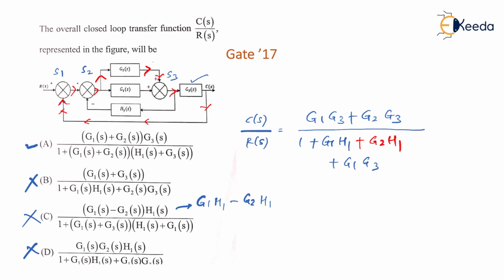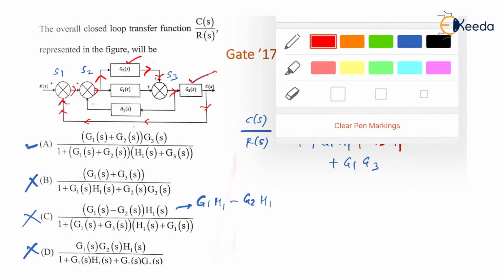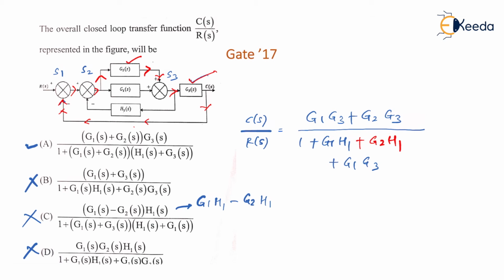So which blocks do you encounter here? You get G2. Then you move to G3. And then from the unity feedback, you get back to S1. So I'll say again plus G2, G3. So this is the denominator you get.